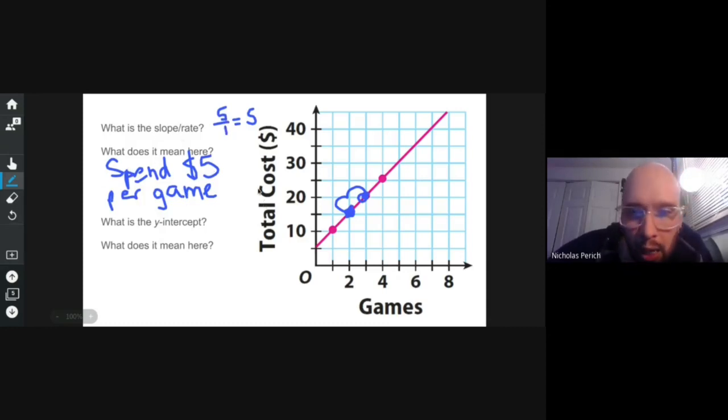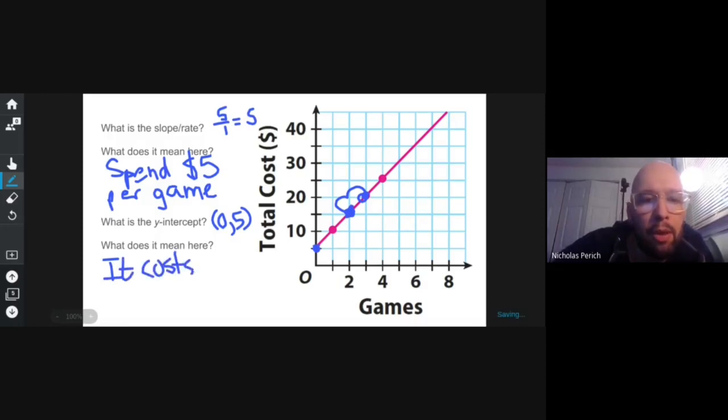What is the y-intercept? It looks like 0.5, so I will say 0.5. It could be 0.6, but that's all right. We'll say 0.5. What does that mean? That means it costs $5 to play 0 games.